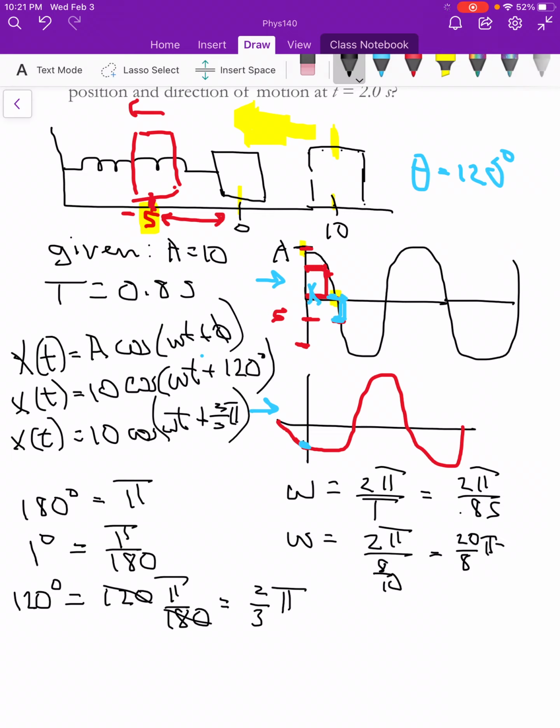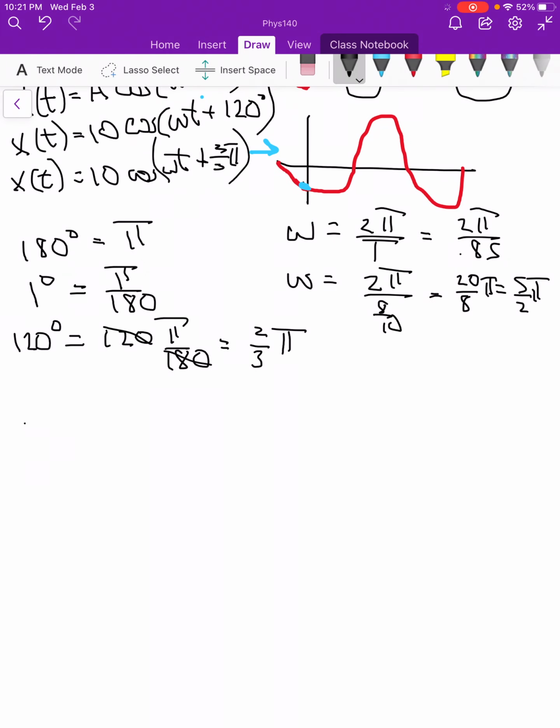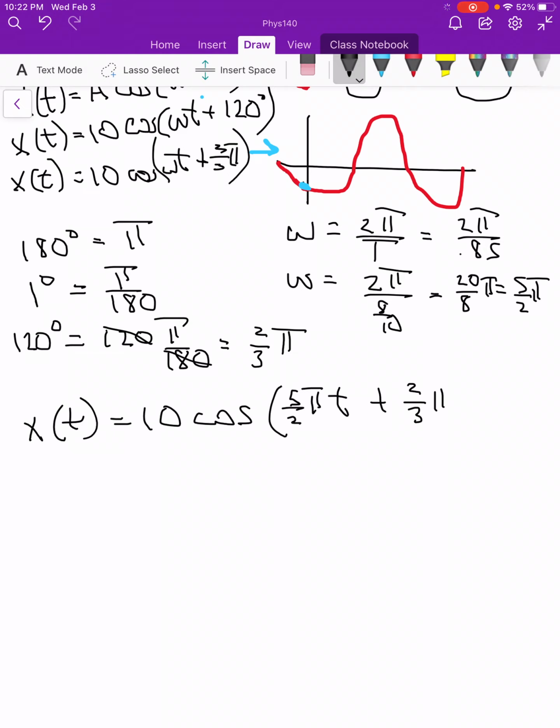Both of them contain a 4, so that simplifies to 5 halves pi. So that's my omega. So now, let's move up a little bit. x of t is equal to 10 cosine of 5 over 2 times pi times t plus 2/3 pi.